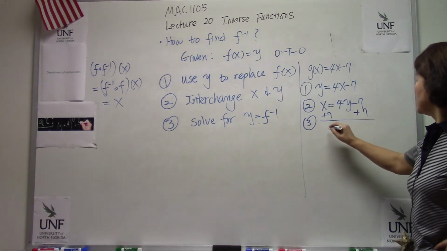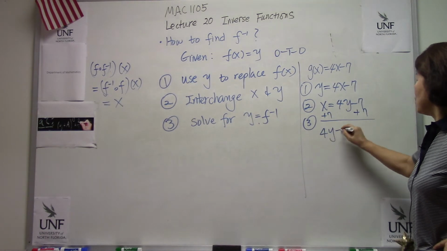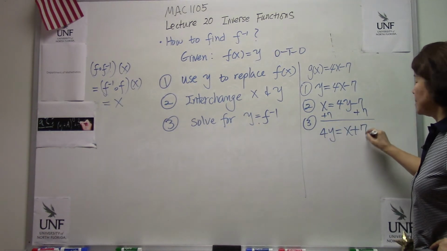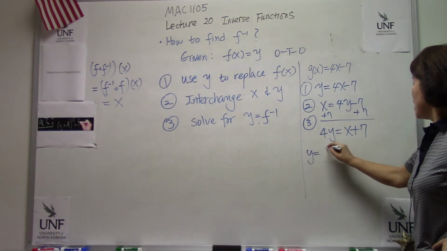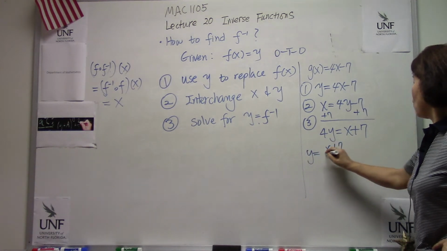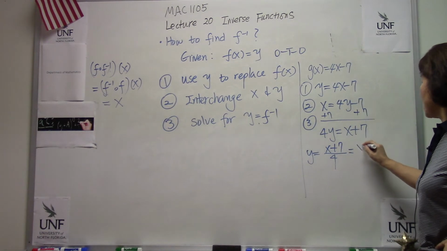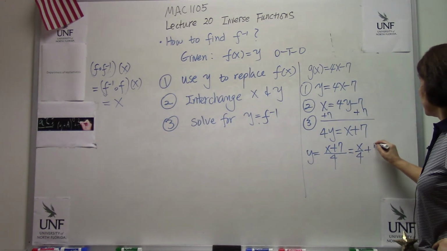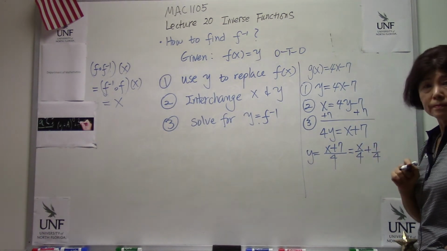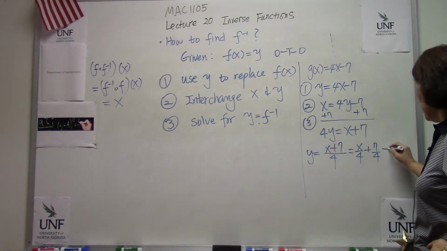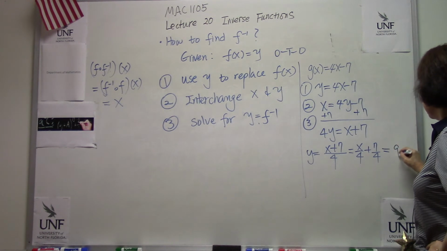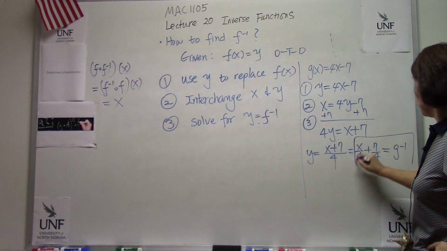That makes 4y equals x plus 7. Now y equals (x plus 7) over 4, or you may say x over 4 plus 7 over 4. Once you solve for y, you name it g inverse.